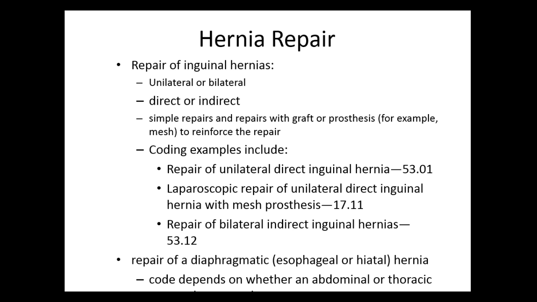Coding examples include repair of unilateral direct inguinal hernia, code 53.01, laparoscopic repair of a unilateral direct inguinal hernia with mesh prosthesis, code 17.11, or repair of bilateral indirect inguinal hernias, code 53.12.